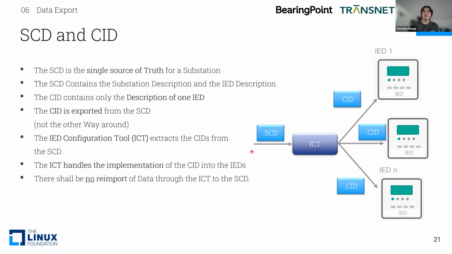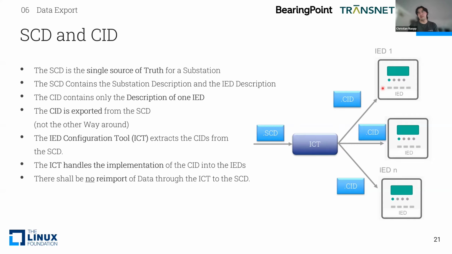This SCD I can then import in my IED configuration tool and extract the IED configurations from the SCD. So the data model and the communication structure for one IED is then contained in one CID. This CID I can then load into my IED, and the IED will execute the functions and communicate with the other IEDs as specified.